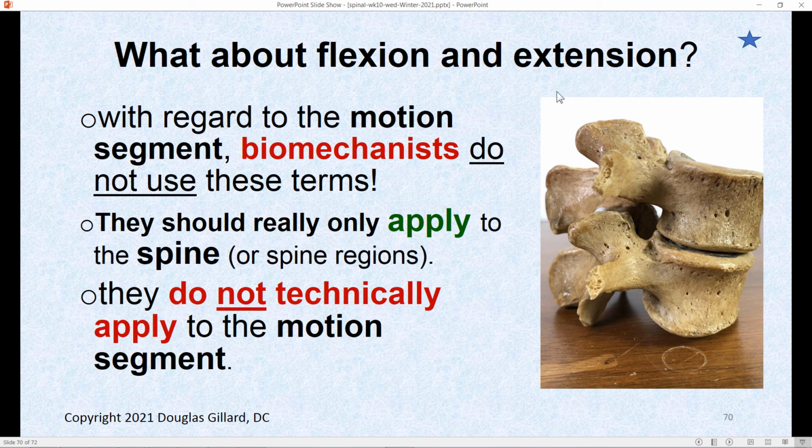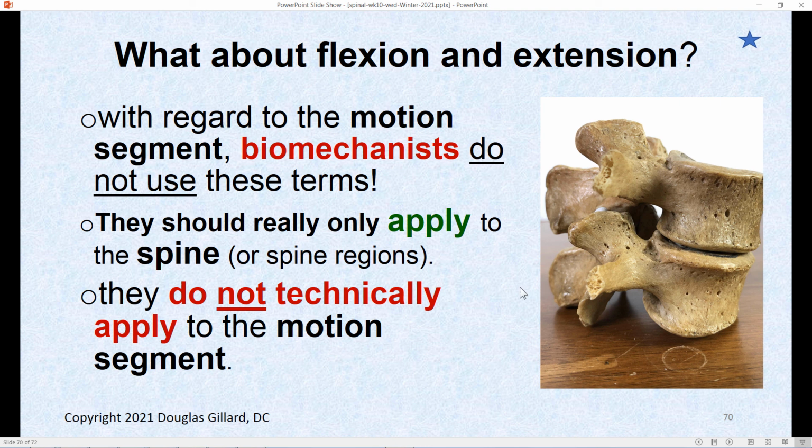What about flexion extension? With regard to motion, the segment, I should point this out. Flexion and extension by themselves really only apply to the lumbar, thoracic, and cervical spine. Because the motions are coupled together, you don't really have a pure flexion and extension. There's always a translation in there as well.